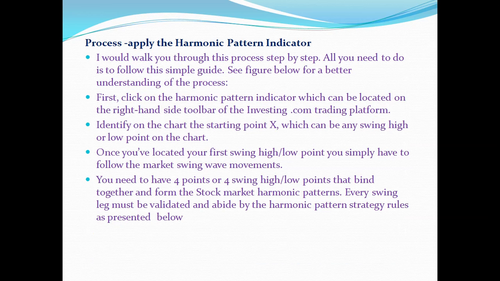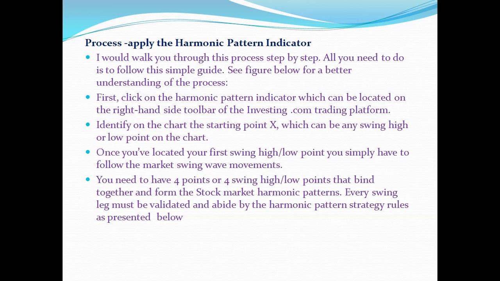So the process of how you have to use the harmonic indicator. First, click on the harmonic indicator, which can be located on investing.com or your trading platform. Identify the chart starting X point, which can be any swing high or swing low.